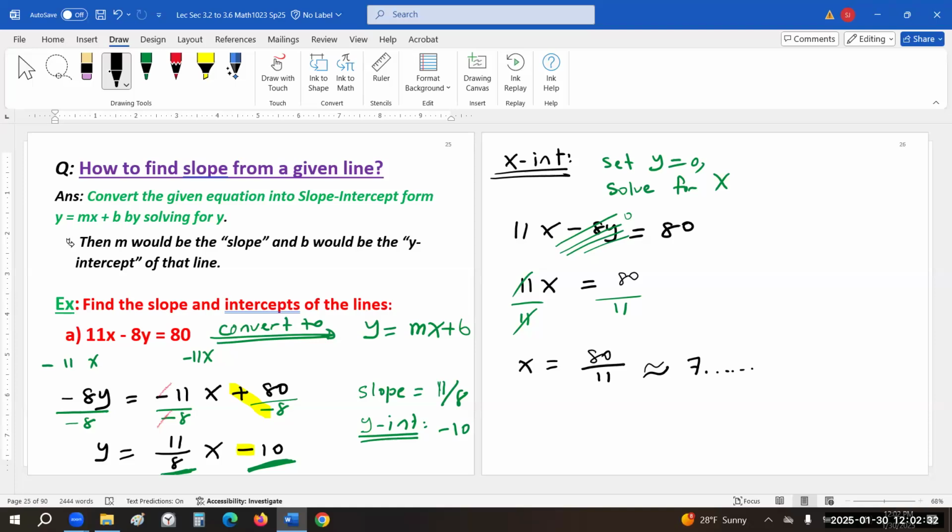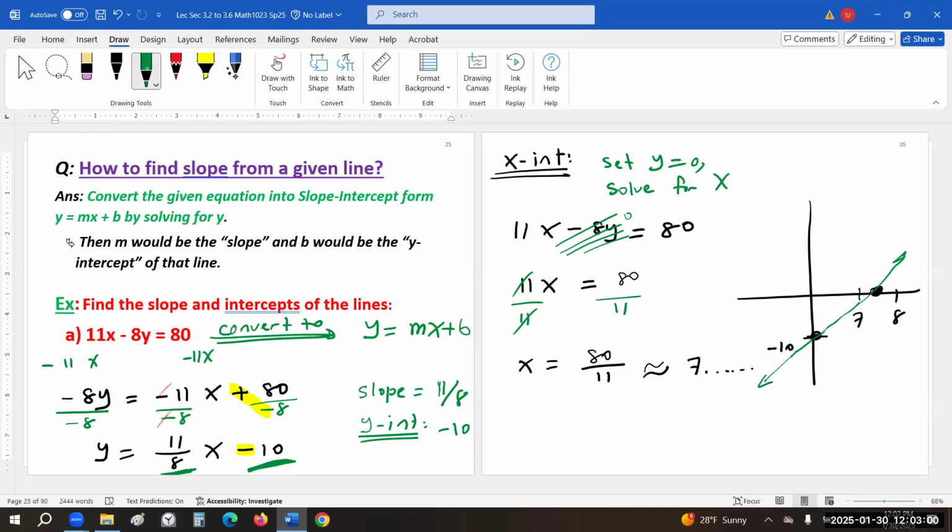Do you say graph? No. But we can actually graph this. Our y-intercept is -10. So let's say this is -10. And our x is about 7. So this is 7, this is 8. It's 7 point something, between 7 and 8. We don't know exactly, so it's a rough idea. And then we connect them with a straight line.